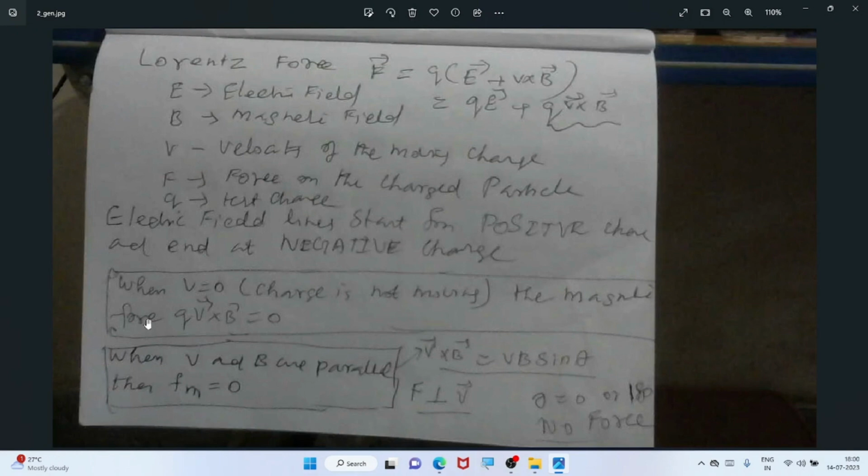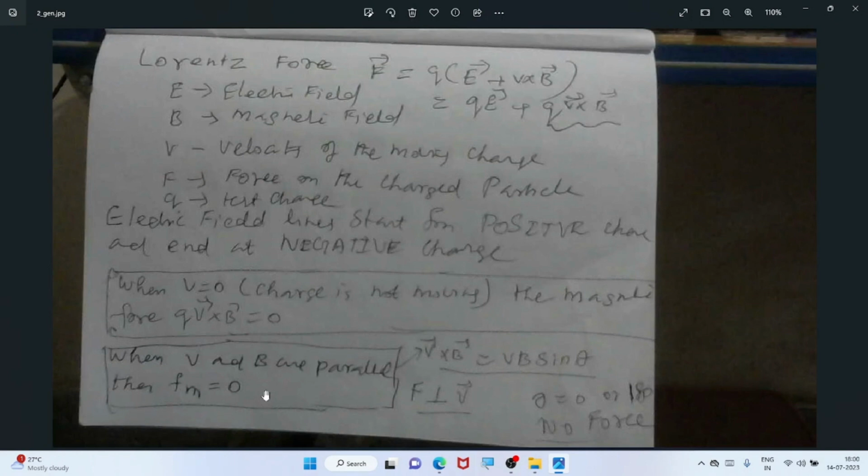When the charge is not moving, there is no magnetic force, because the force due to the magnetic field depends on the velocity.